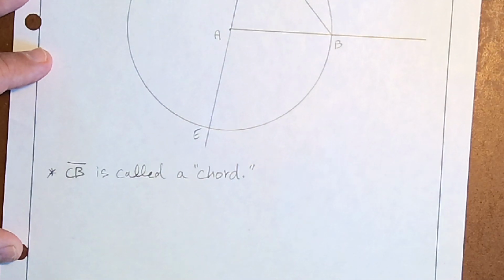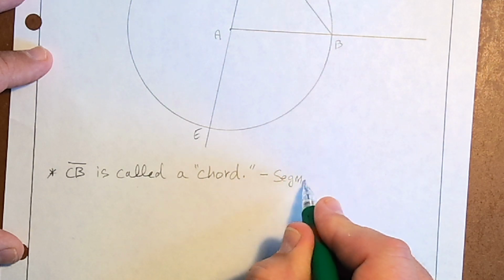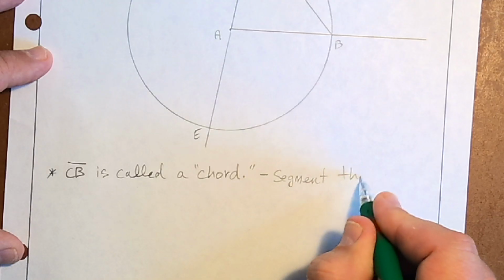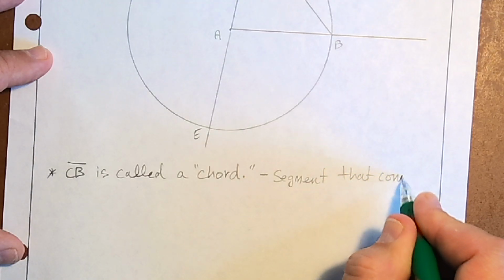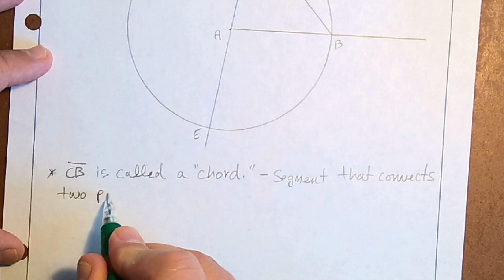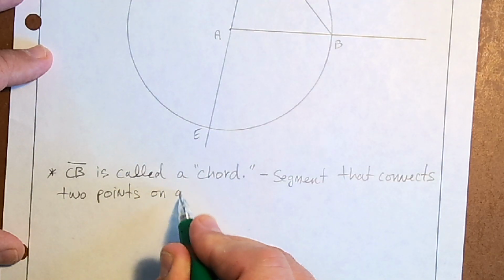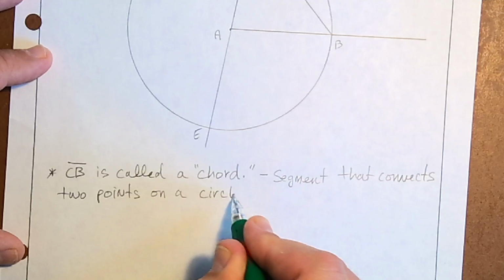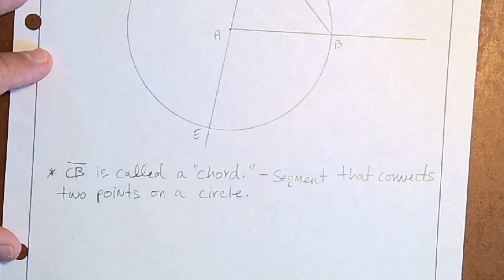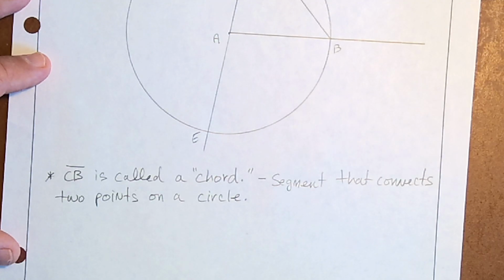Segment CB is called a chord, and a chord is a segment that connects 2 points on a circle. So CB in our picture above is called a chord. A chord is a straight path that connects any 2 points on a circle.